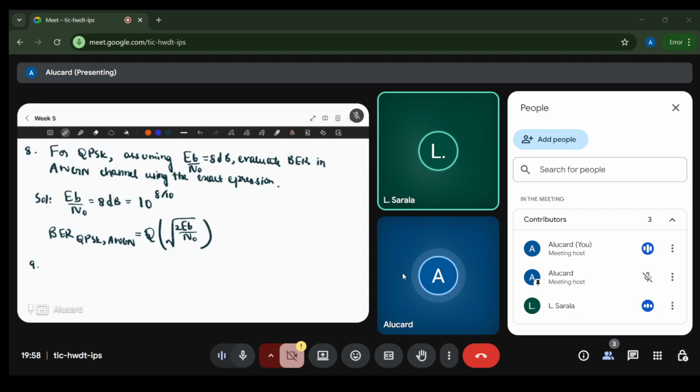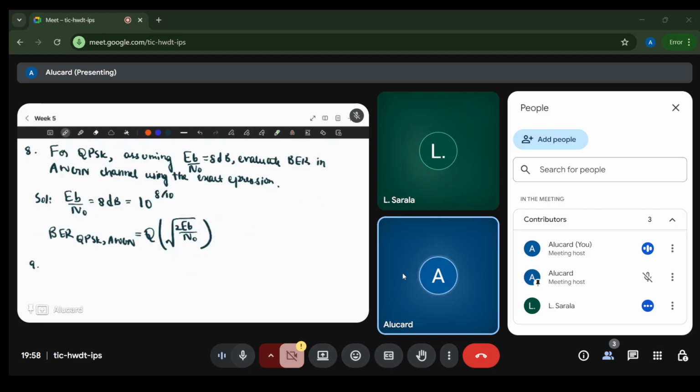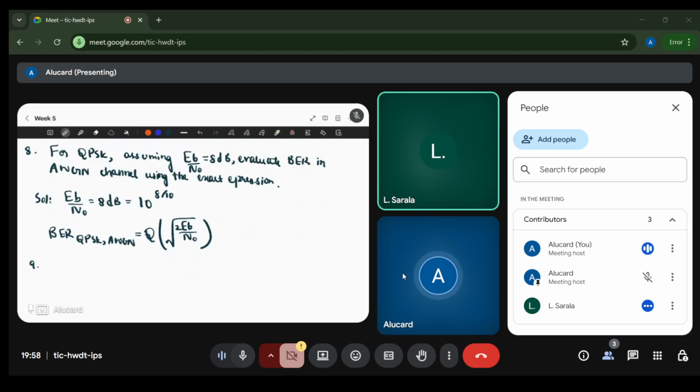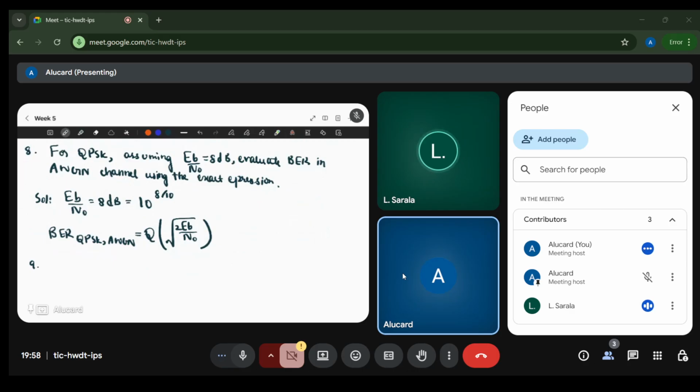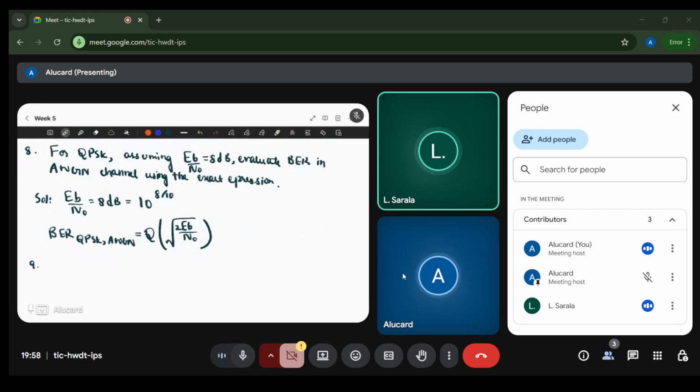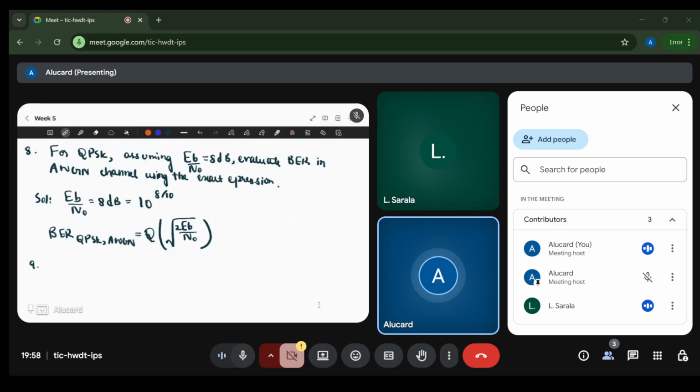I am not sure because I have not written the exam myself. Is it an offline exam or online exam? Online. I don't think they will expect you to calculate Q values yourself. You can't really do it.